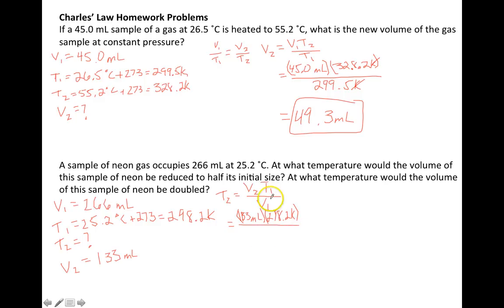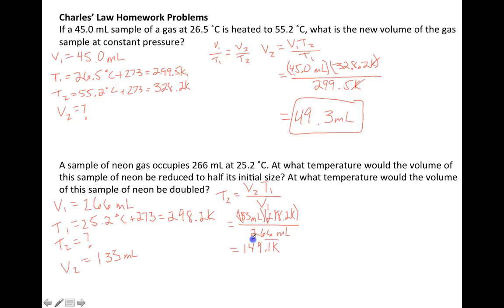And that I'm going to divide by V1, which is 266 ml. And when I do that, I end up with a temperature of 149.1 kelvins. So my volume decreased and my temperature decreased.